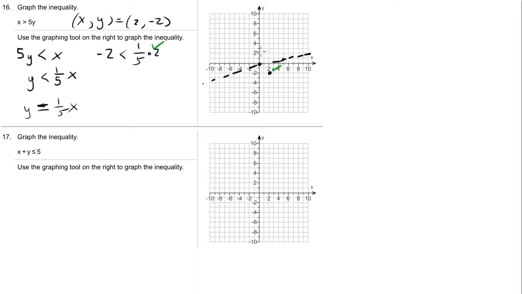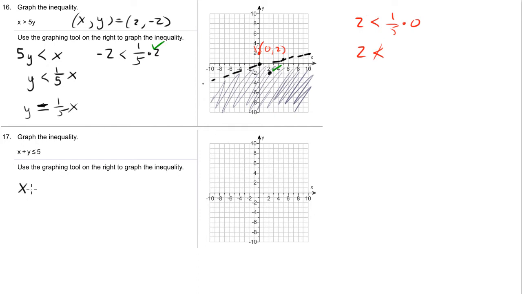And if I have something up here, let's say this is the point 0, 2. 2 is less than 1/5 times 0. 2 is not less than 0, so this is false. Bad. So we're going to shade over in here. And that's our solution.